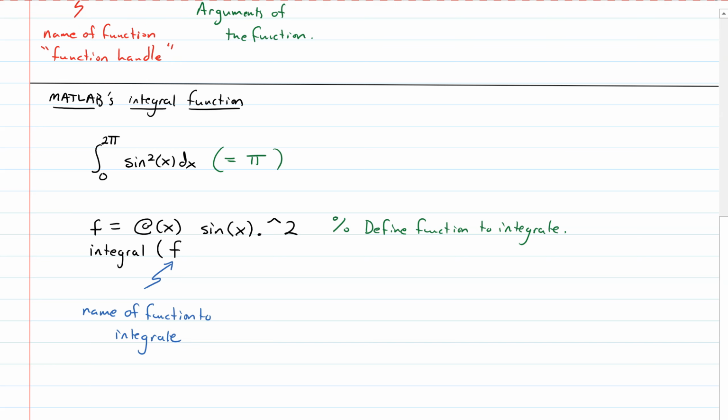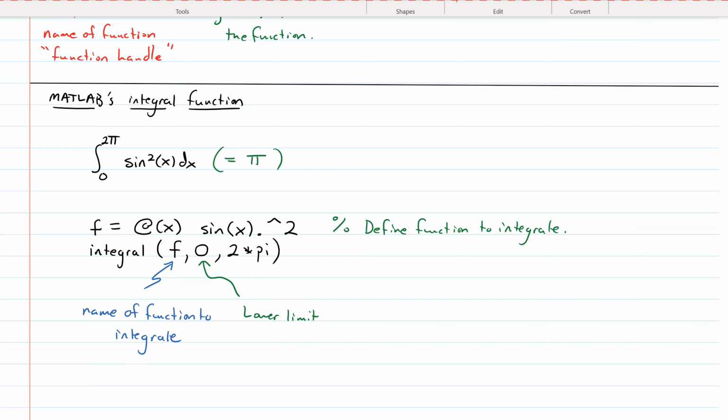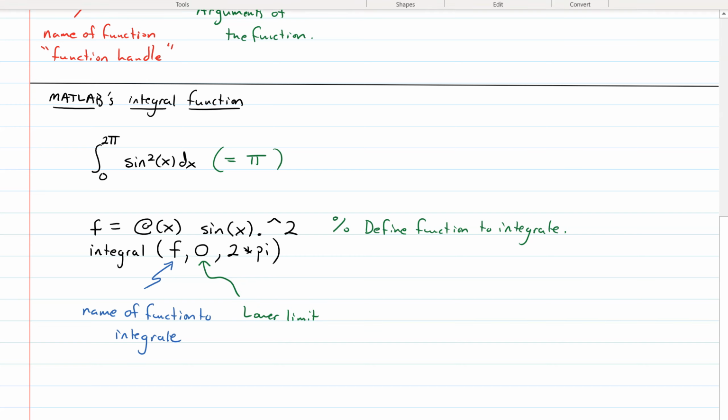And then the second and third arguments are kind of obvious. The lower limit, and then the upper limit, 2 times pi. So 3 arguments. The first one is the name of the function, then the lower limit, and then the upper limit of integration.